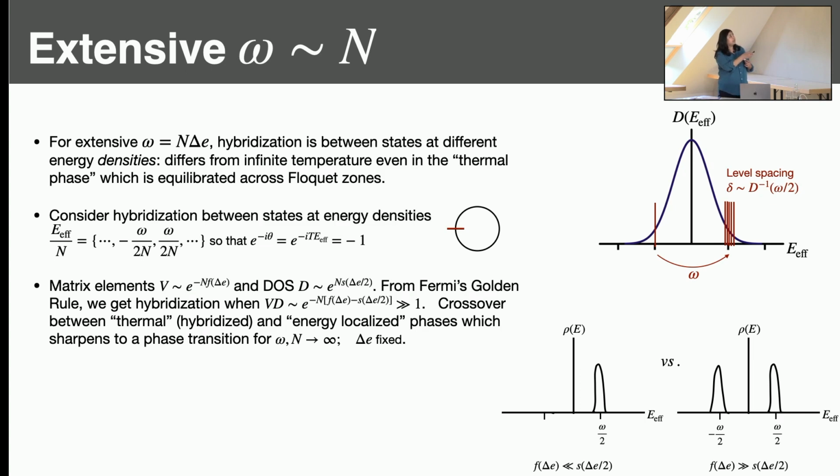And now we are talking about extensive frequencies. So this condition here, this crossover between this hybridized or Floquet thermal regime and this energy localized phase, exponentially sharpens to a phase transition when omega and n are taken to infinity, but with omega divided by n fixed, okay?